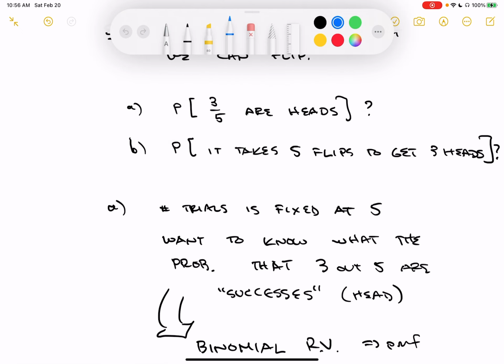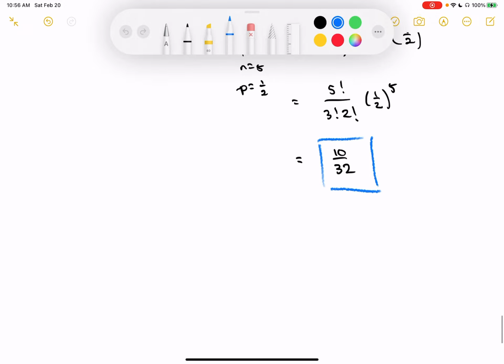Going back to the B one, what's the probability it takes 5 flips to get 3 heads? So this is more along the lines, if I think about it in slightly different terms, if I'm going B here, we keep flipping until we get some number of heads. We keep flipping until we get 3 heads.